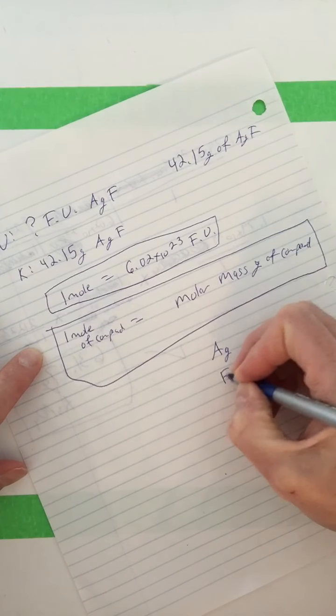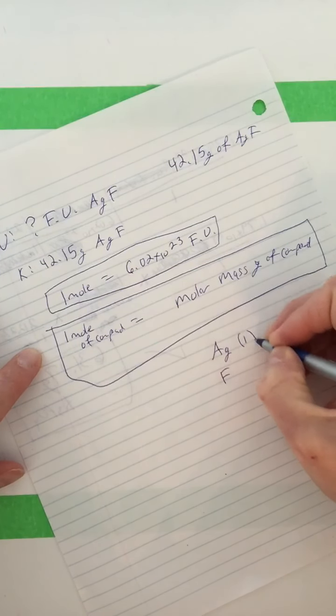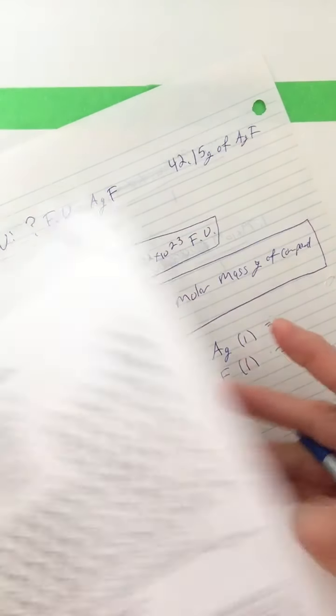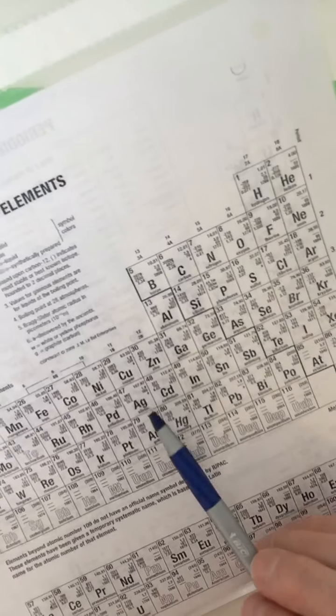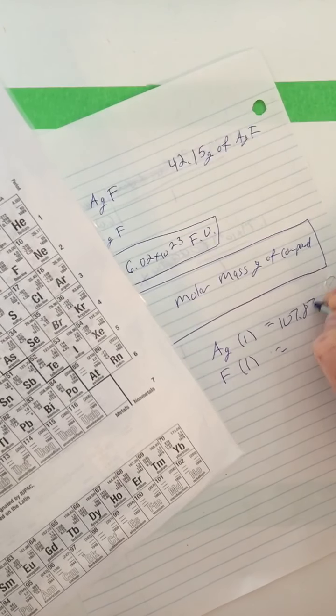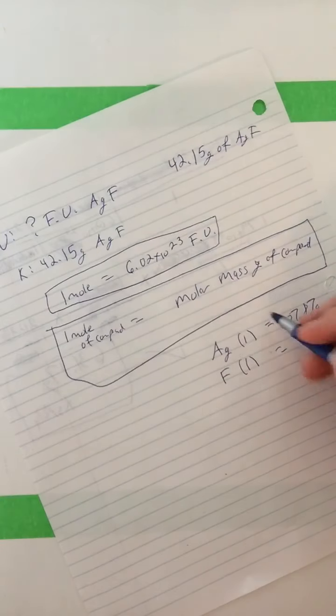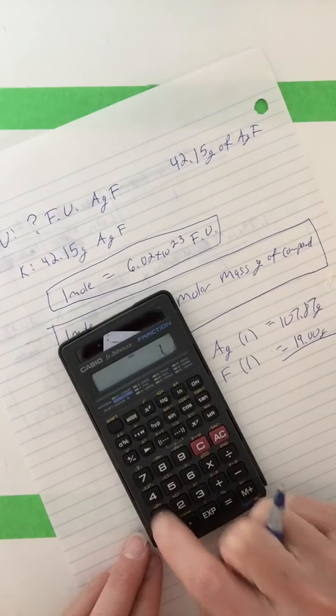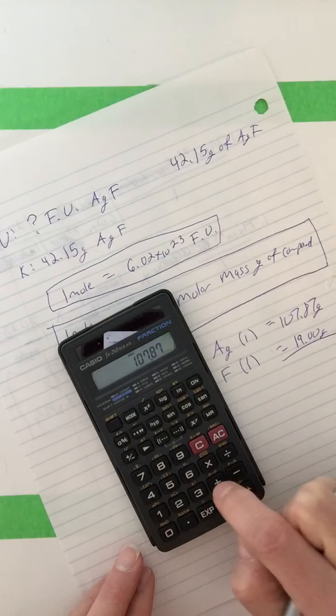Ag and F. There's only one of each. So look them up on the periodic table. Ag is silver, 107.87 grams. F right here is 19.00. Add those up. 107.87 plus 19.